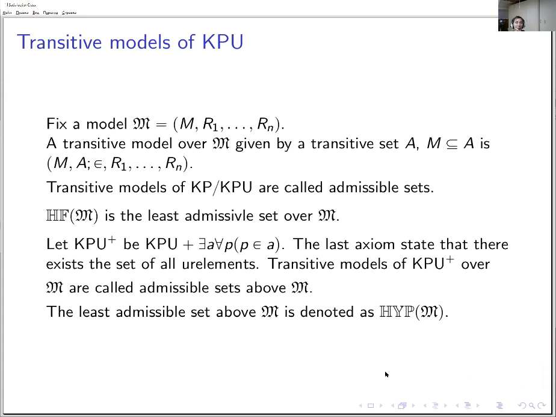Now let's talk about transitive models of KPU. It's a bit richer world.